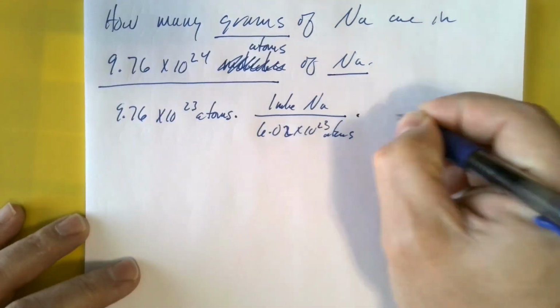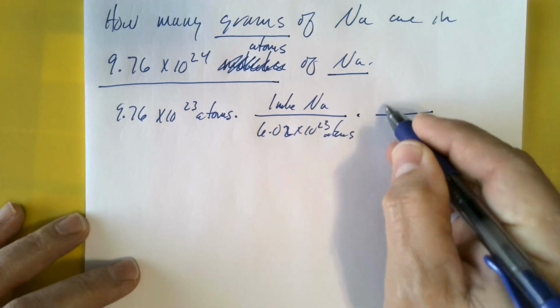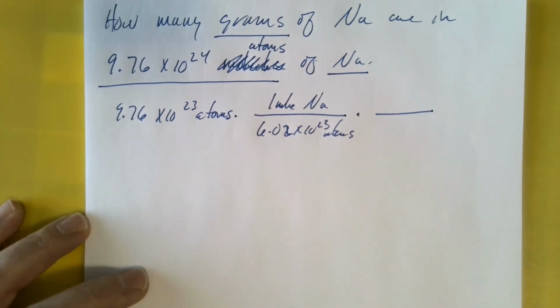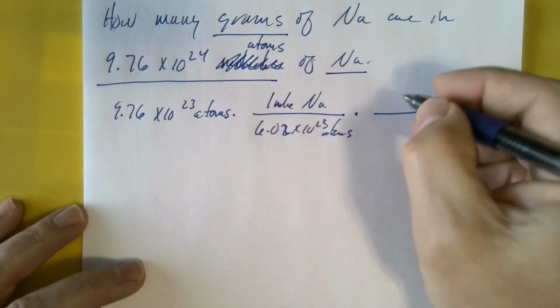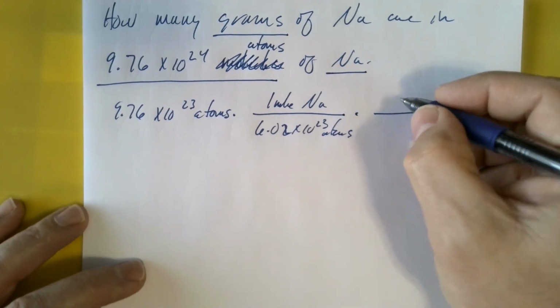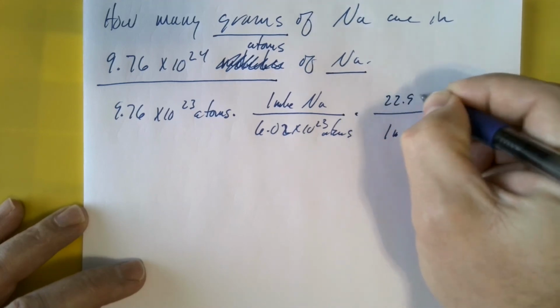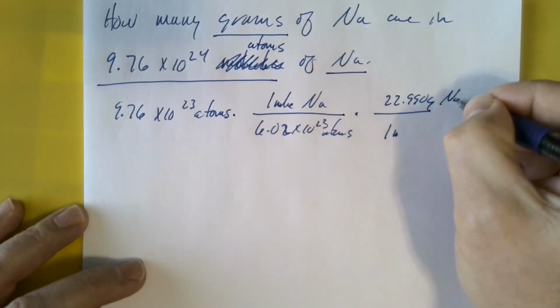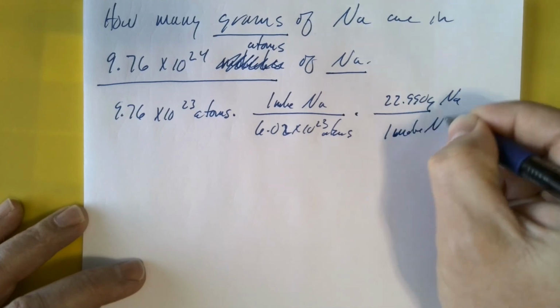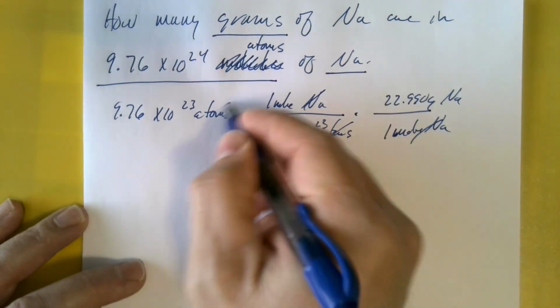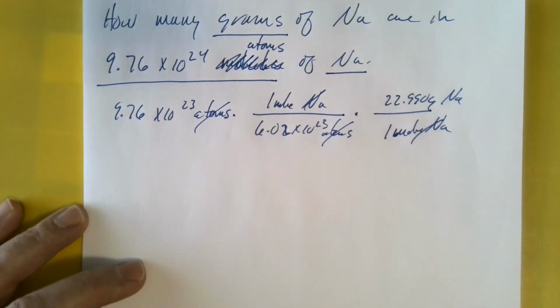Well, once I'm in moles, I'm just going to put what in my numerator? The molar mass, right? What's the molar mass of sodium? Anybody got that? 22.990 grams of Na for every 1 mole of Na, right? My moles of Na reduce out, my atoms reduce out, and I'm left in what? What's my answer?